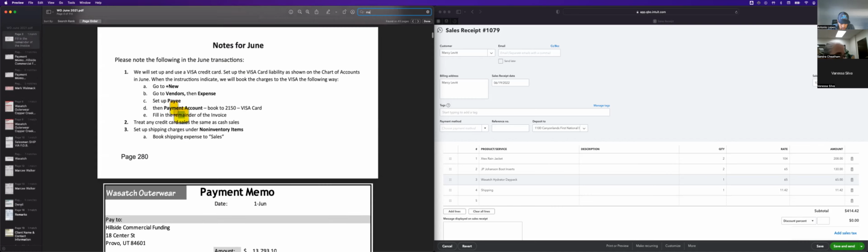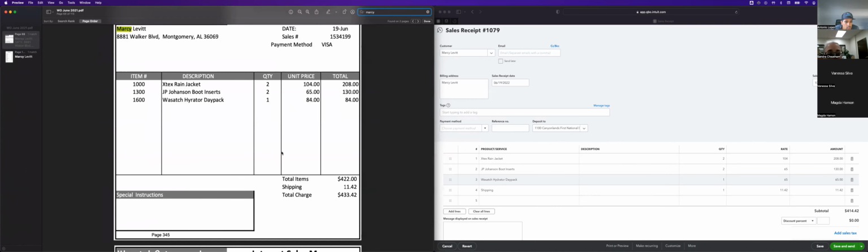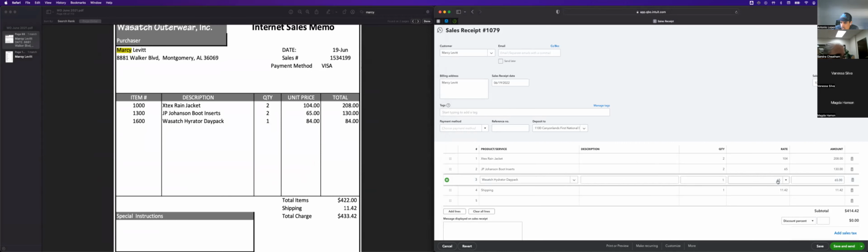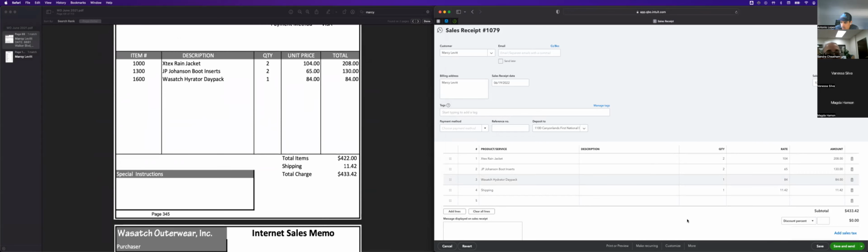Okay, so if I go to Marcy Levitt, she's the one that I gave the Wasatch, and I should have, no, I gave her the Wasatch and I should have 208, given her the Jayhawk. 130. This price is off. And then shipping of 1142.